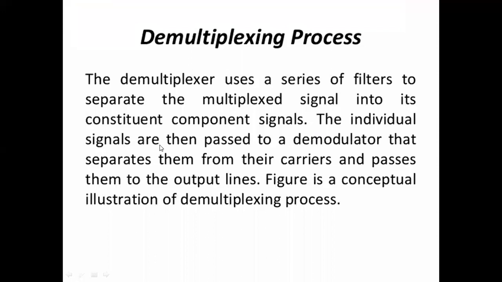The individual signals are then passed to a demodulator that separates them from their carrier and passes them to the output lines. So here is the demultiplexing. Multiplexing combines the frequencies, whereas demultiplexing separates them, and you receive them in the receiver block.